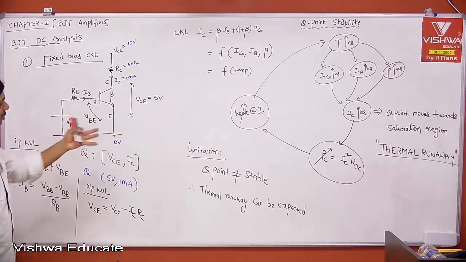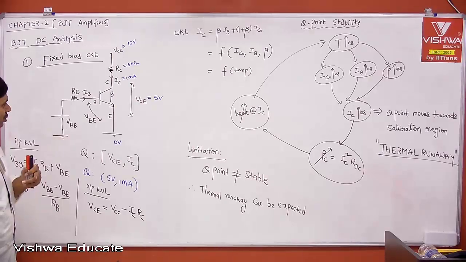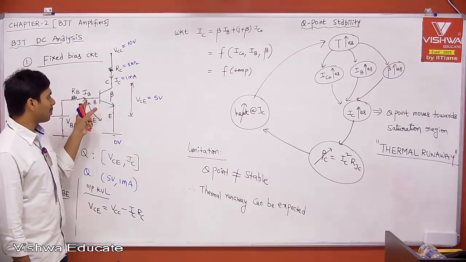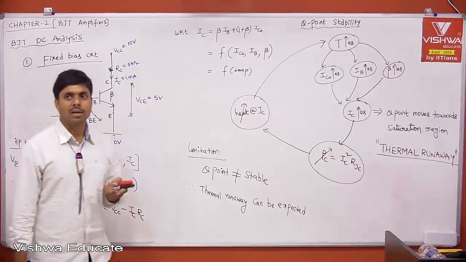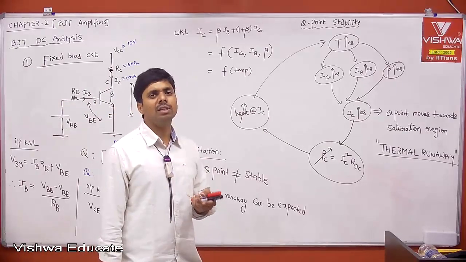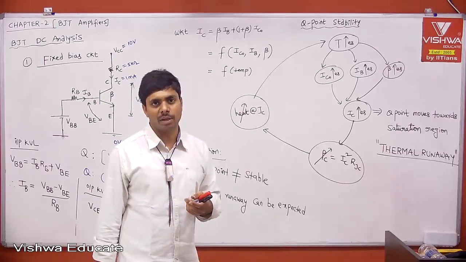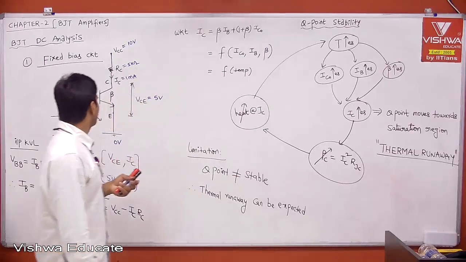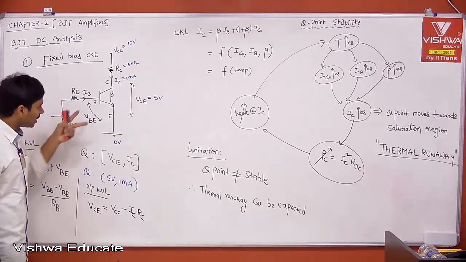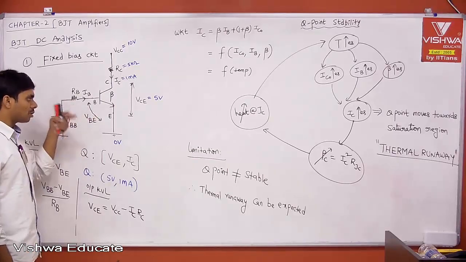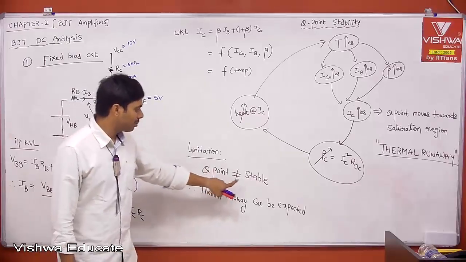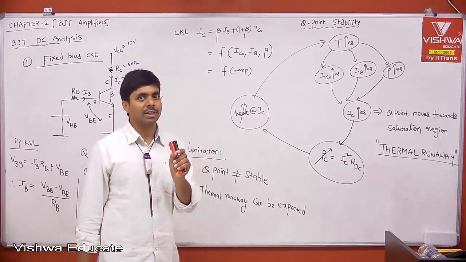Therefore, we need to improve the stability. Then what to do? I just told you a theory that if the bias you are applying is automatic or self bias, then it will be controlled, or I can say Q point will be stable. But how do we get the VBE bias automatic, or from a system perspective, how do we improve stability, not only voltage gain stability?